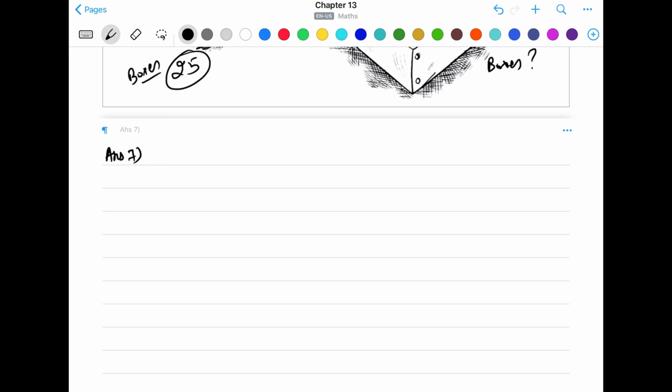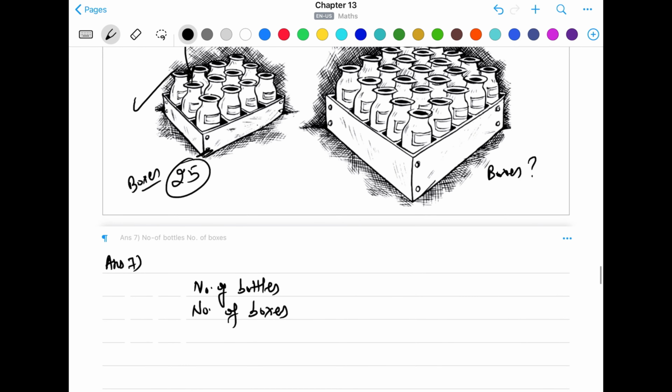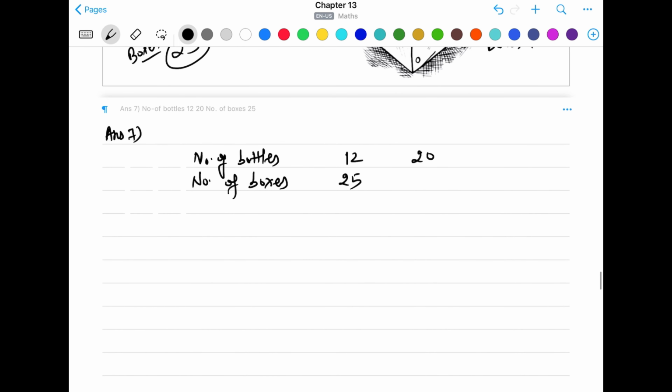So we have number of bottles and number of boxes. In the first case, when we are packing 12 bottles in each, we need 25 boxes. Now we have started to package 20 bottles in each.